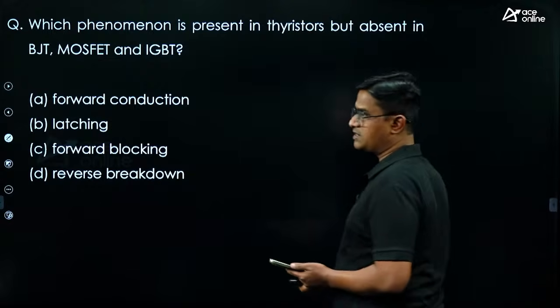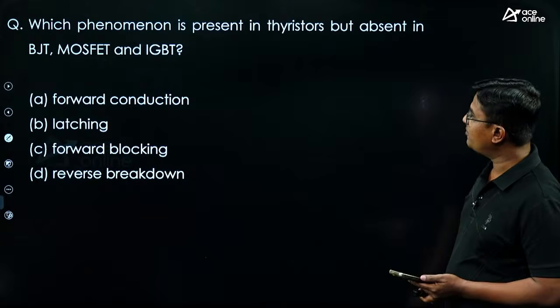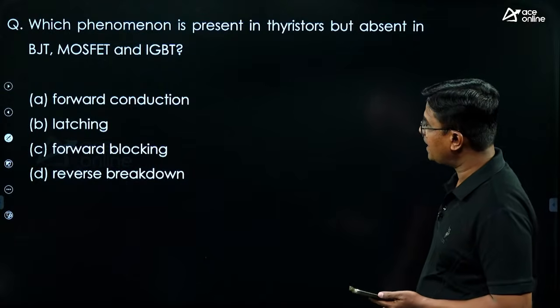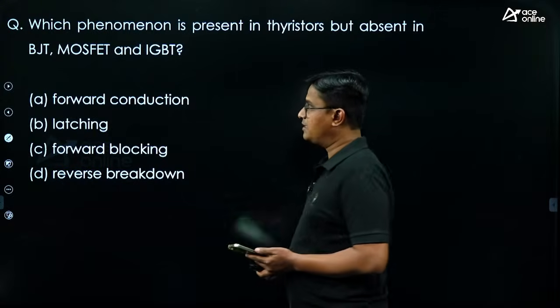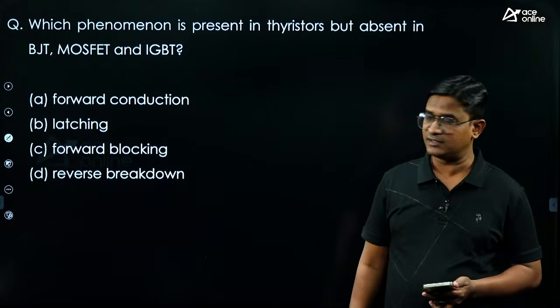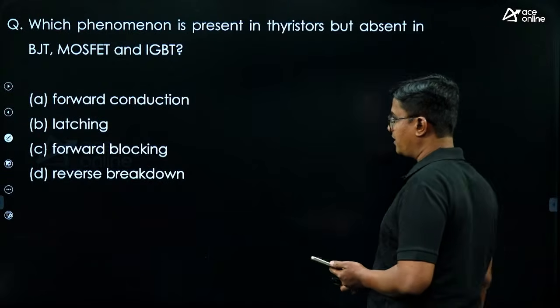This is also a theory question, I am expecting answers from you guys. The phenomenon is present in thyristors but absent in BJT, MOSFET and IGBT. They have given the options: forward conduction, latching, forward blocking and reverse breakdown.